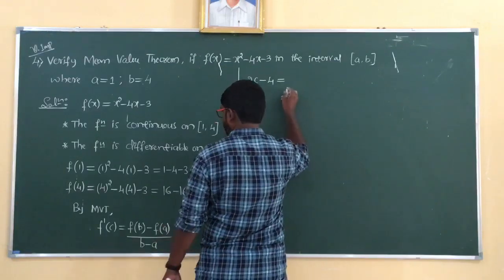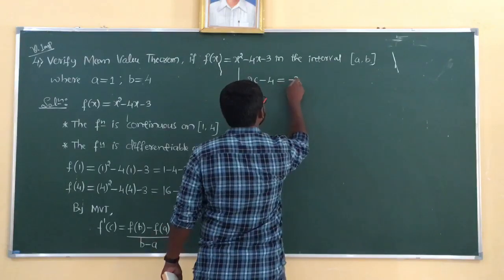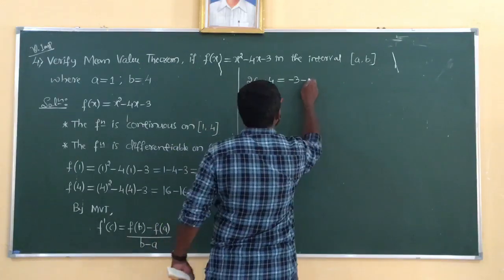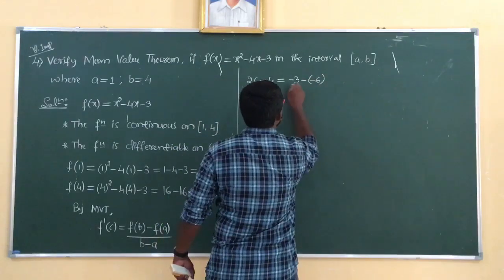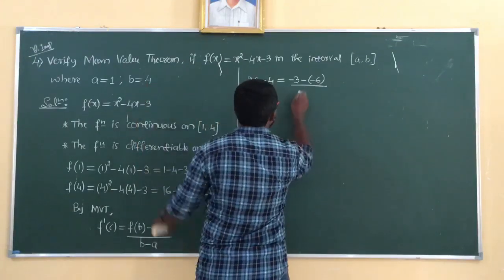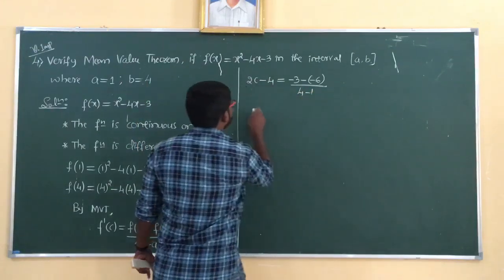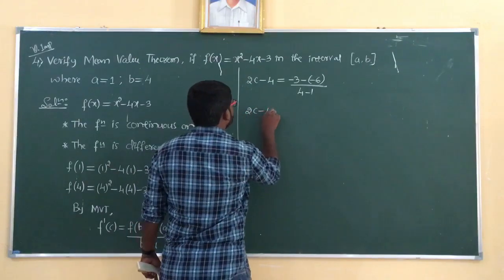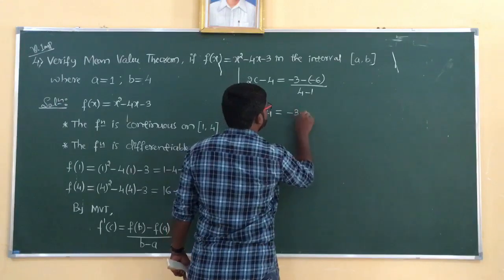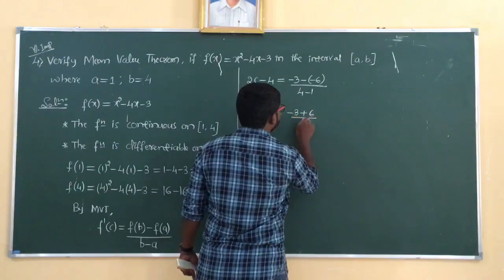So now which is equal to f of b, it is minus 3, then minus f of a, it is minus 6, divided by b minus a, so it is 4 minus 1. So 2c minus 4 is equal to minus 3, minus into minus plus 6 divided by 3.